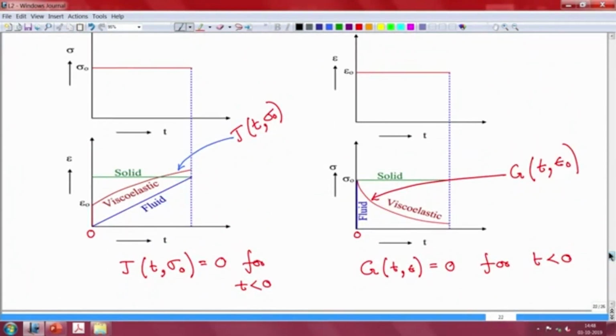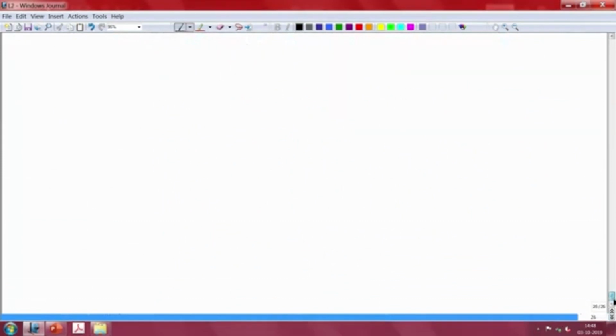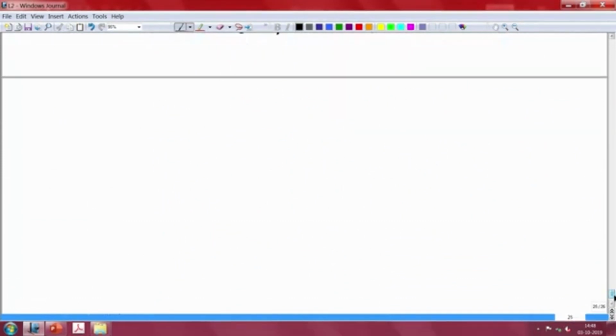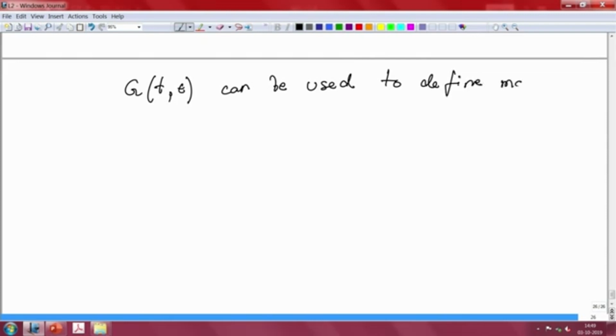So, before we go into a little bit more depth about this, we will just quickly come back to the stress relaxation phenomena, because this serves to illustrate an important point, and that is now G. So, I can create an artificial modulus. So, this function g can be used to define the various moduli.